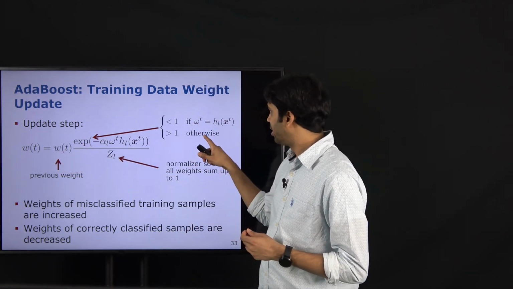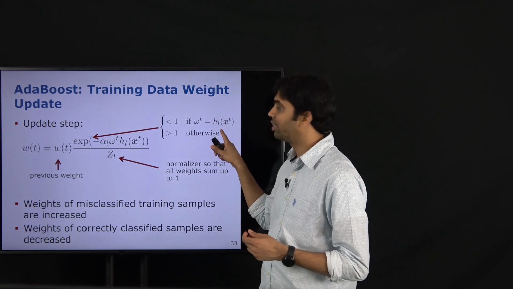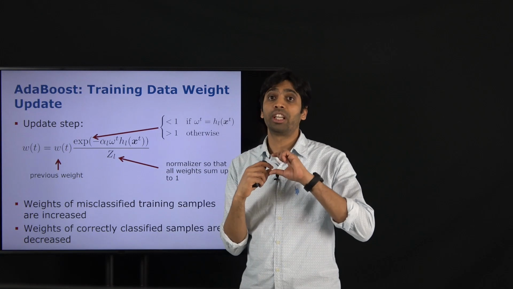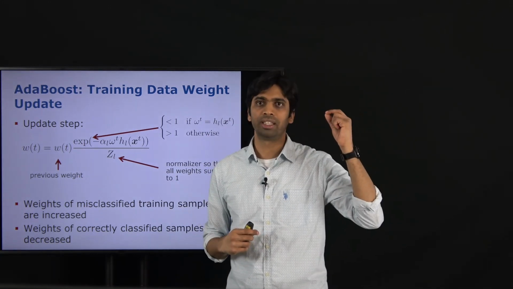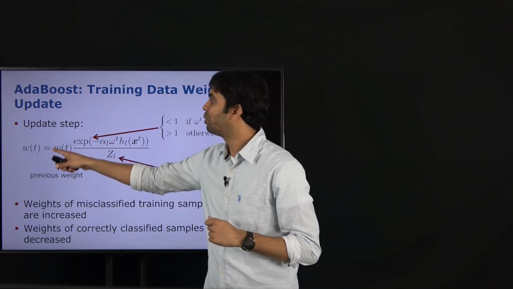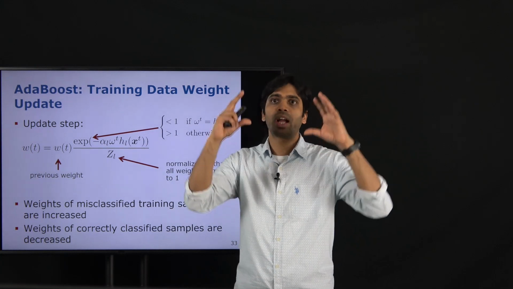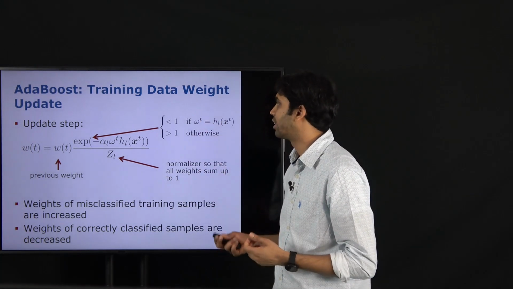If I make an error, I actually want a number which is greater than 1. So I want to give more weightage to the data point which I made a mistake with in the previous time step. The way this weighting works is I push up the weights of those examples which are wrong and push down the ones which have been already correctly classified.